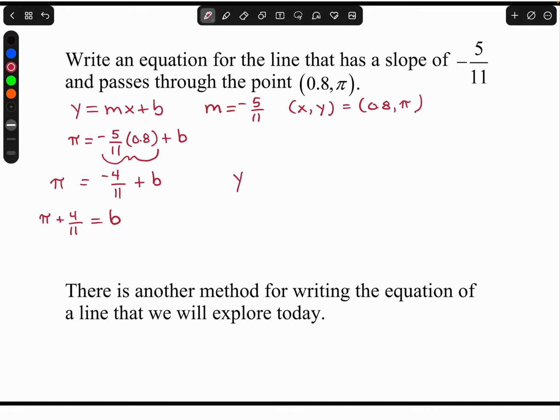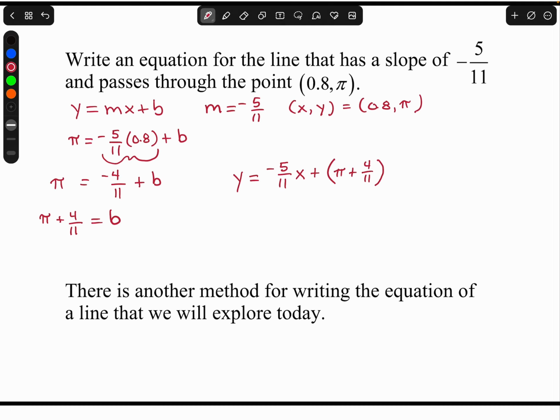So if we were to write out our linear equation now, we know it would be y equals our slope -5/11, times x, plus pi plus 4/11. Okay, so it's kind of messy, right?